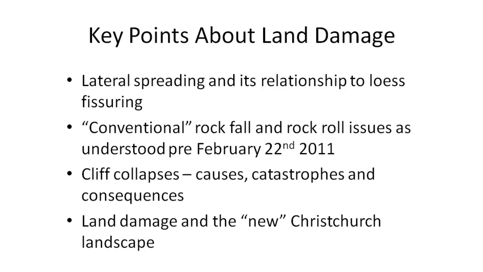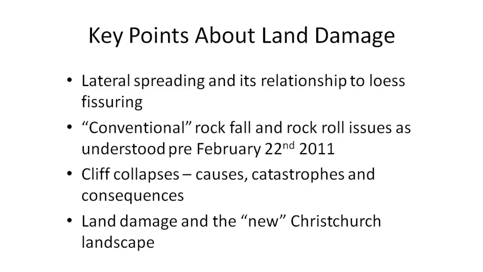The points that I want to cover in terms of land damage are really three. I'm going to go back and link with lateral spreading, which you've talked about already in relation to the liquefaction story. The second point I want to address is that the fissuring in the loess is very, very similar to what we've seen in terms of the lateral spreading.